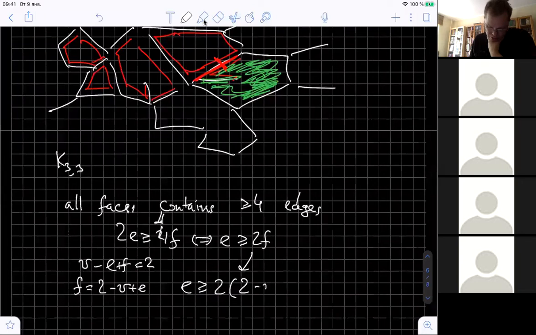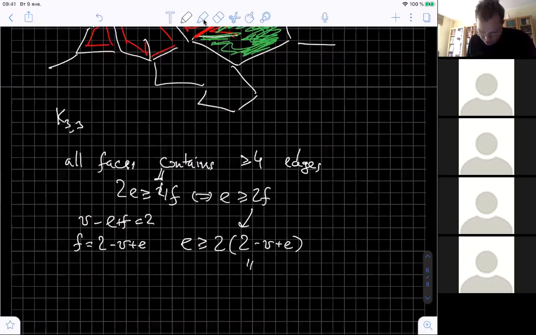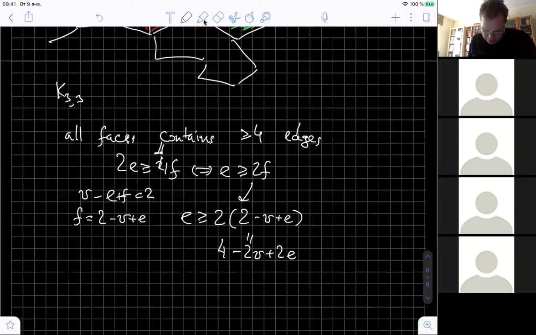And so I can write it here: it will be 4 minus 2v plus 2e. And 2v is greater than 4 plus e. So e is less than 2v minus 4.